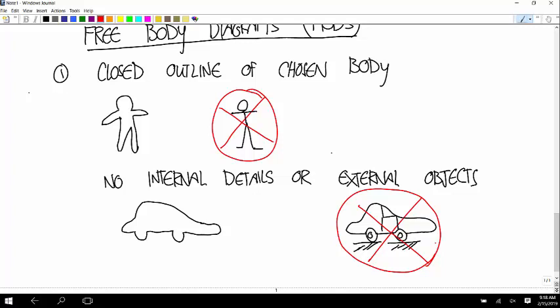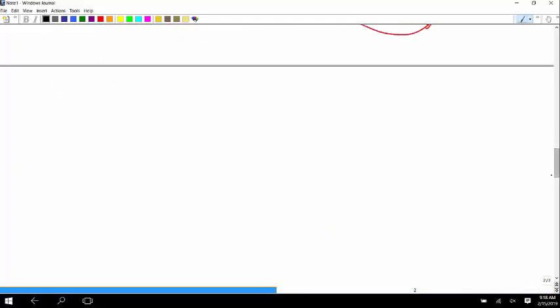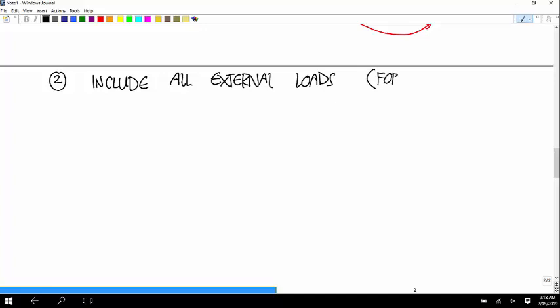Now include all external loads. And when I say loads, I'm talking about mostly forces, but anytime you have couples, most of you have taken statics, and a couple is made up of two equal and opposite forces, and we just think of those as like a pure moment.